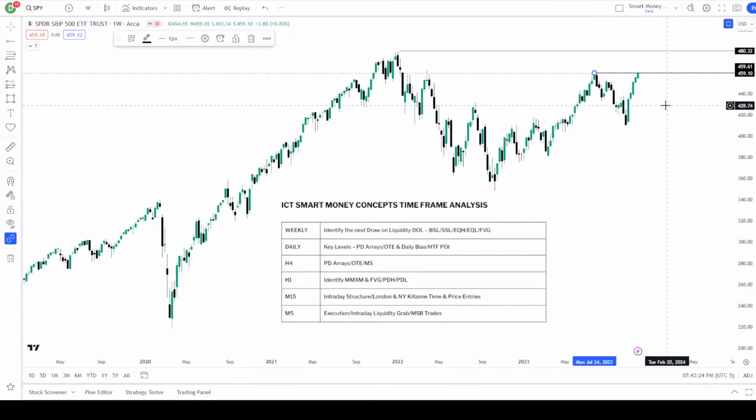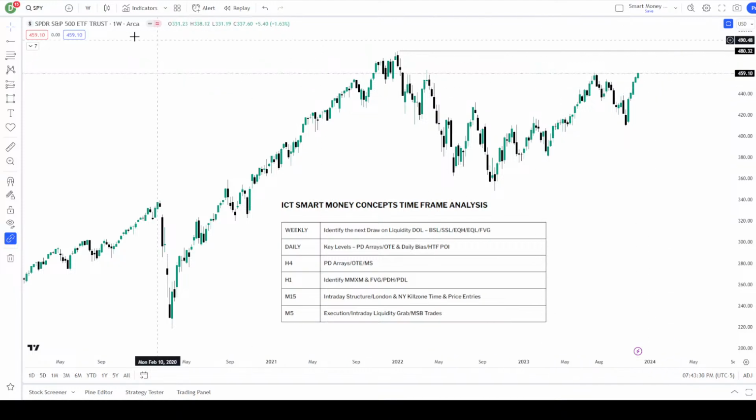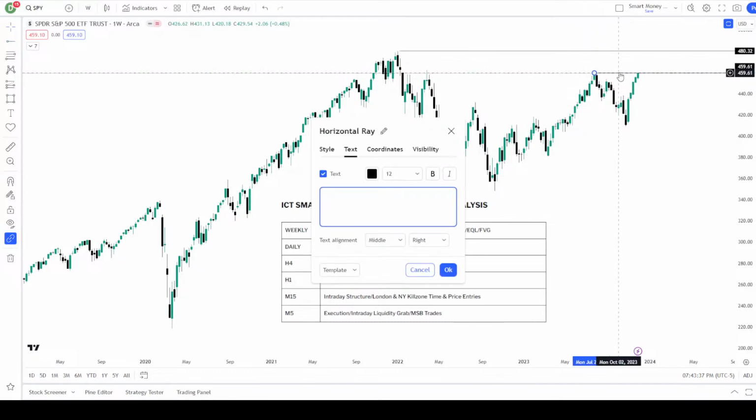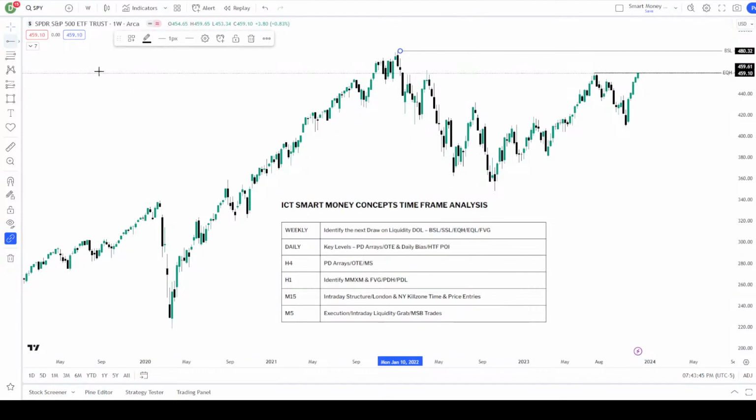So that's the equal high. We're going to label these differently. This one's going to be equal high. This one's going to be buy side liquidity. Okay, and then our most recent sell side is right there.